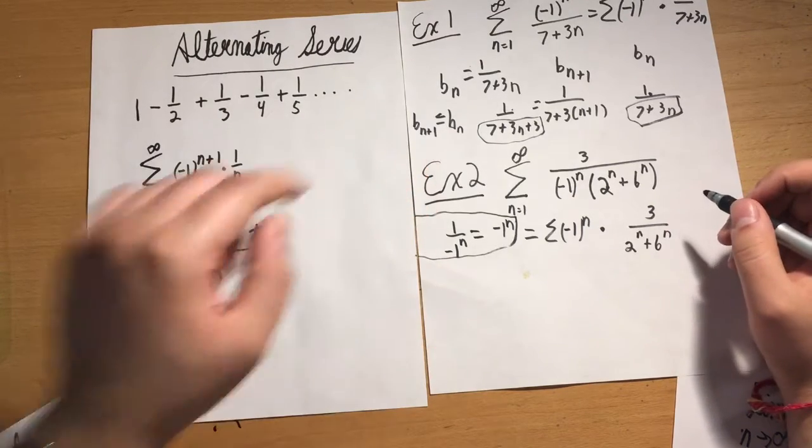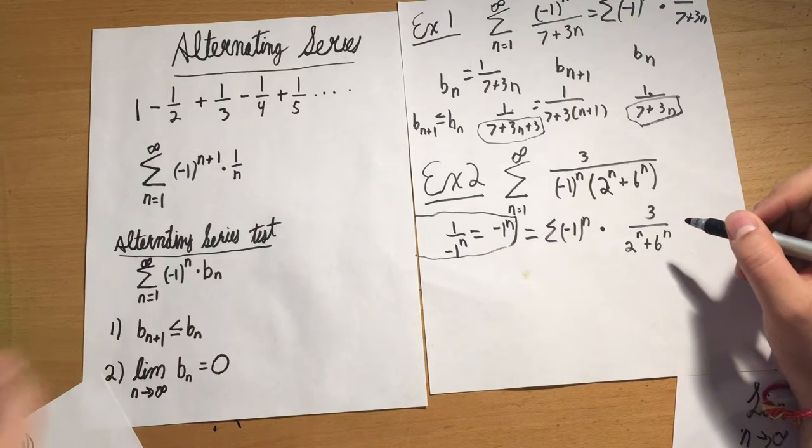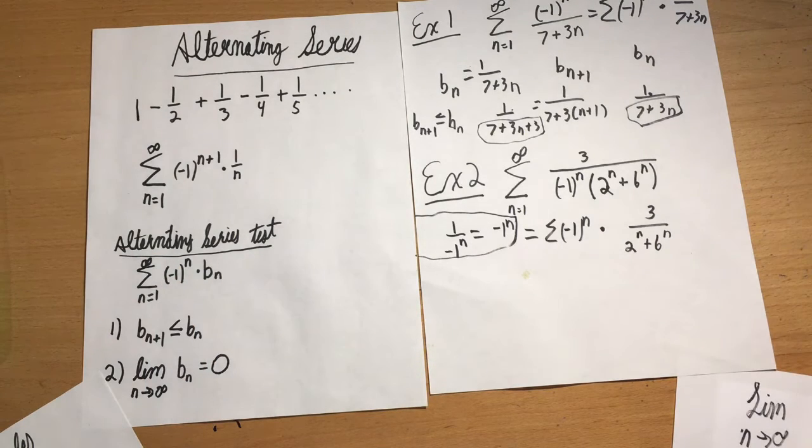So my b of n term is 3 over 2 to the n plus 6 to the n. Now the first test, see whether it's decreasing over time. And once again, I think that's, for this particular example, fairly simple.